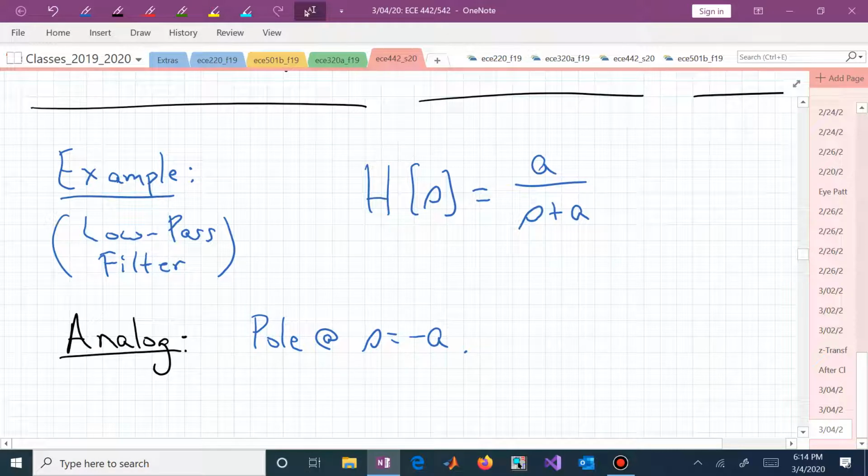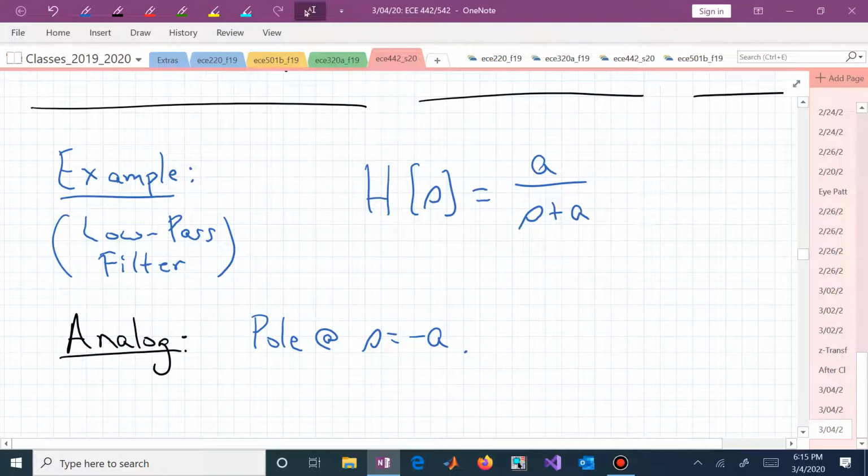I was talking maybe about zeros at infinity. Now we want to look at finite zeros. We're distinguishing between two types of zeros: zeros at infinity, which is when S goes off to infinity, and what you're used to thinking of, which are finite zeros. So now we're going to talk about finite zeros.